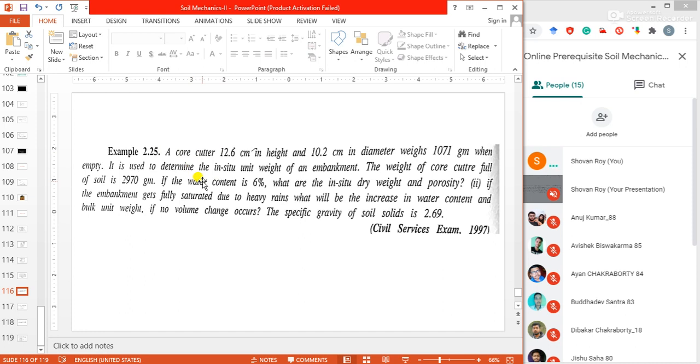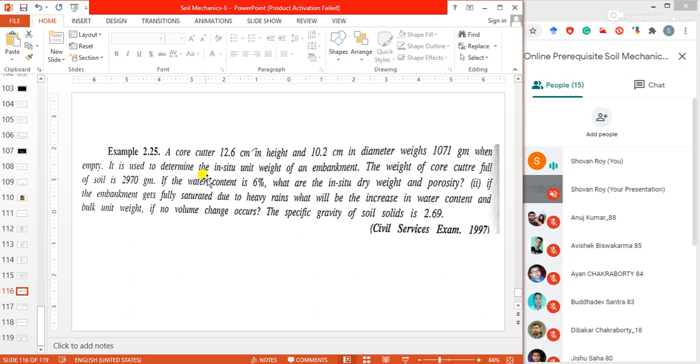All of us have some idea about the core cutter. So, a core cutter 12.6 centimeter in height and 10.2 centimeter in diameter weighs 1071 gram when empty. Now these things are clear, because we know there are some dimensions and some weights of the core cutter.